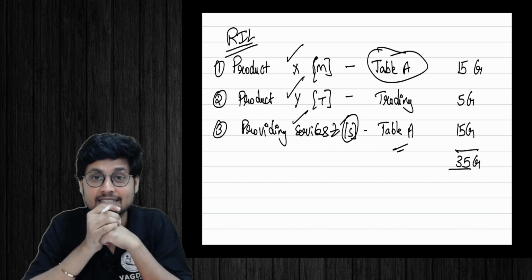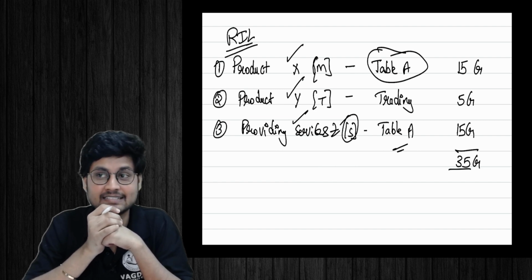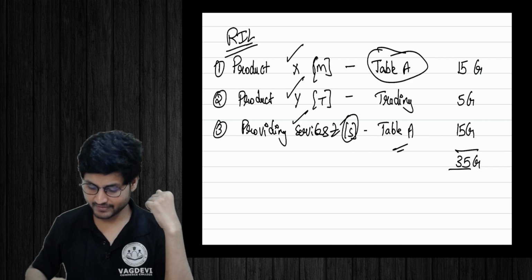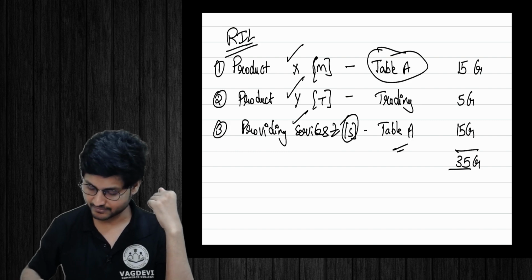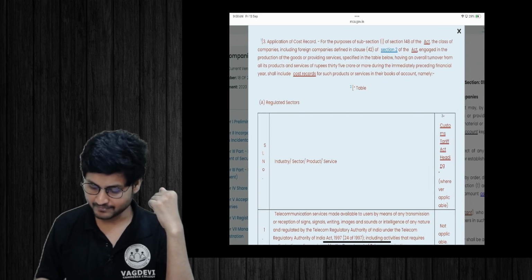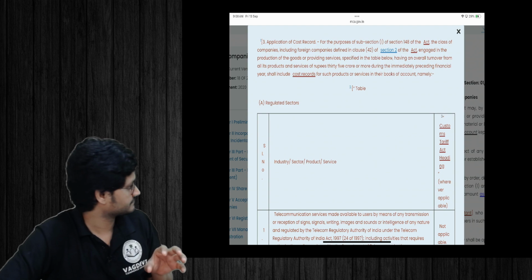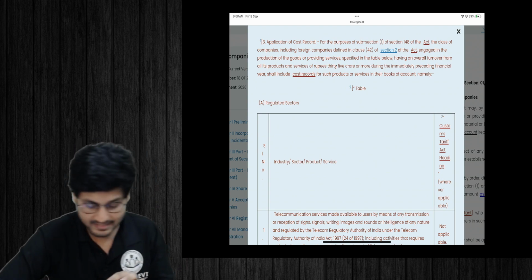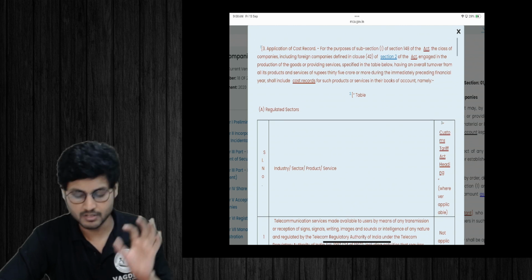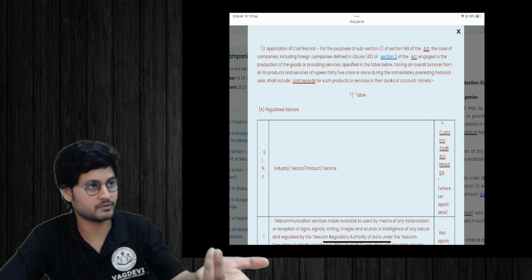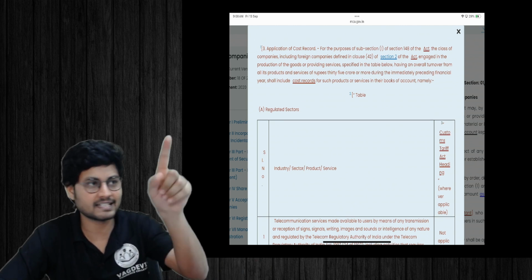Yes, X and Z. X and Z because of the word which is used. Read this rule again. See here, there is a company which is engaged in production of goods or providing services specified below. Specified below under there are 39 sectors.